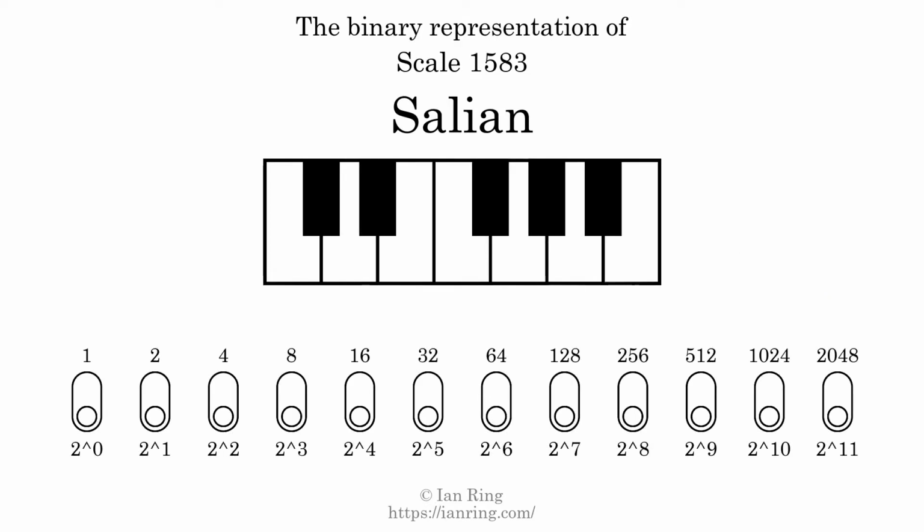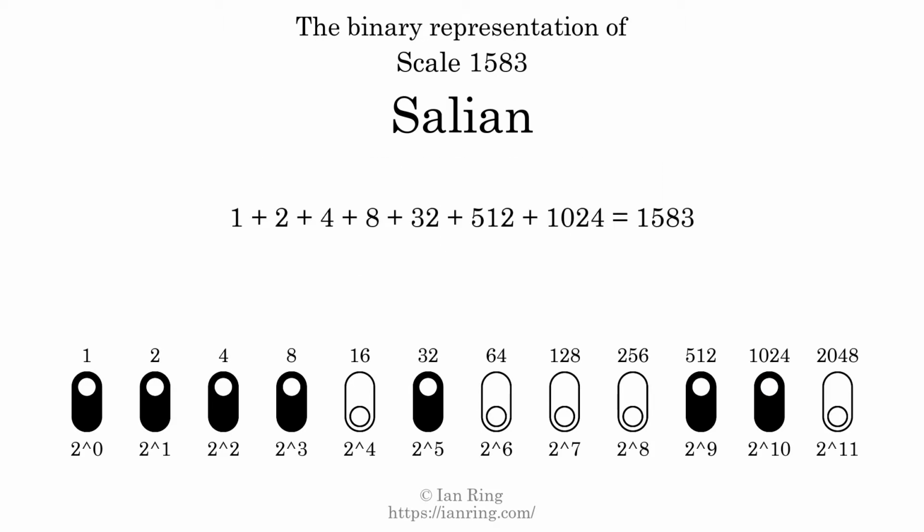The binary representation of this scale is determined by mapping tones of the scale to binary digits. Each binary digit represents a power of 2. To get the scale number, we add the powers of 2 together. The powers of 2 that are present in the scale, all added together, equals 1583.